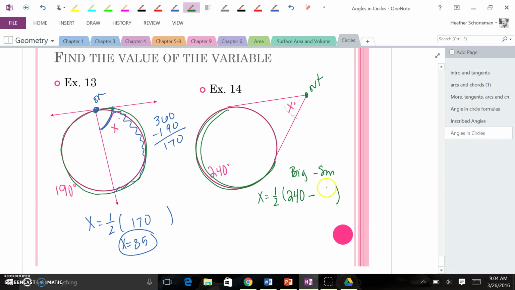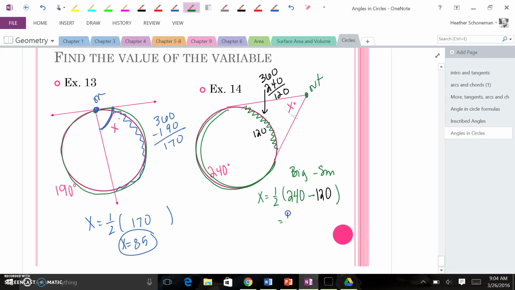That's 240 minus the small arc. This is the small arc right here. You weren't given it, but we can find it, just like we have been in all the other ones. We can take 360, because they form a circle, they got to add to 360, minus 240. That gives us 120. And that is the small arc.